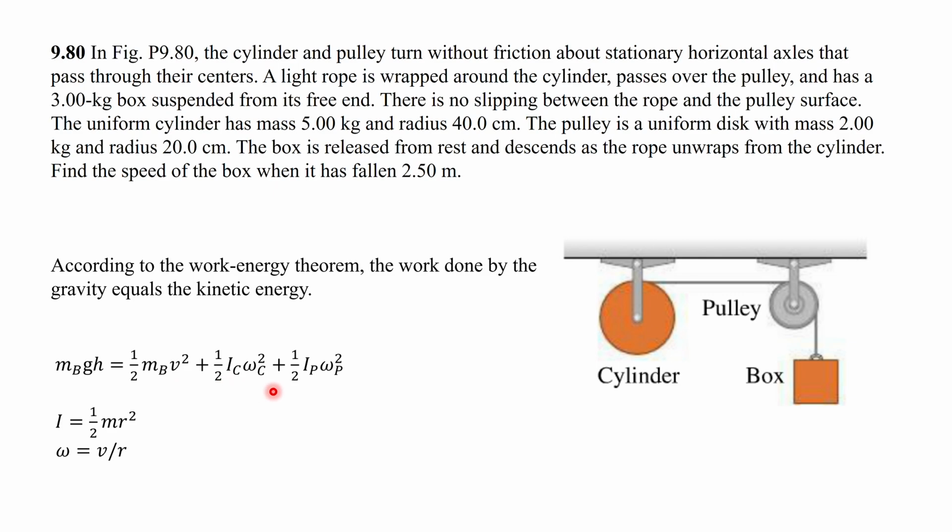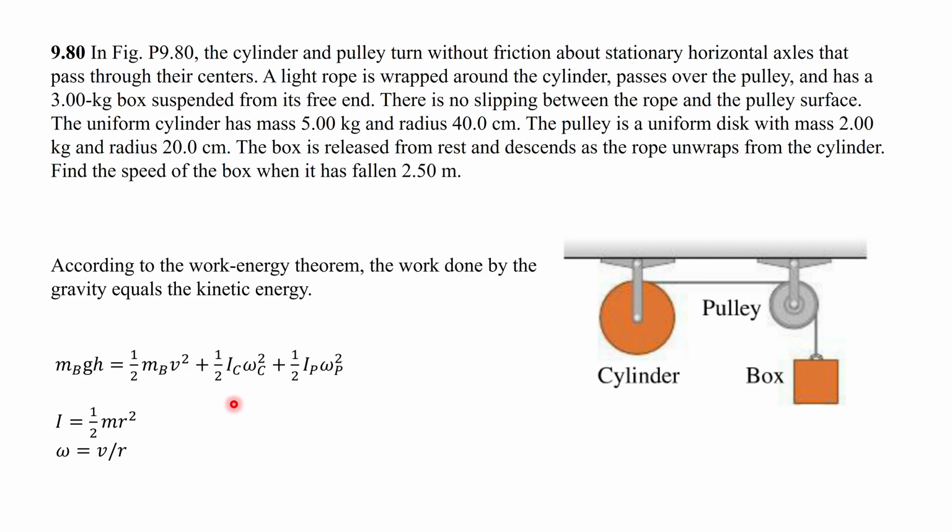So we sum these three. This is the total kinetic energy, and this is equal to the work done by the gravity. And we know for the cylinder, if we look at the table of the inertia, the inertia of the cylinder is 1/2 the mass of the cylinder times the radius of the cylinder squared. Also, we have another condition, that the angular velocity is equal to the linear velocity over the radius.